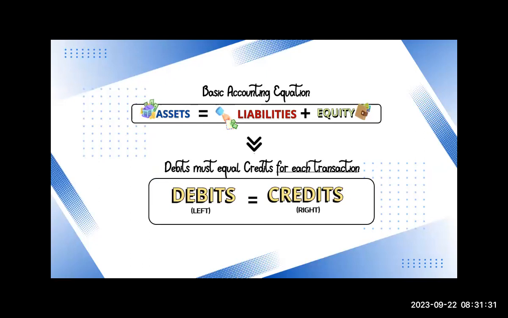Chapter 2, what I want you to focus on would be debits must equal credits, not only for each transaction, but all the time. So your left should always equal your right. Every time gagawa kayo ng journal entry, every time titingnan niyo yung mga accounts, the debits should always equal your credits.